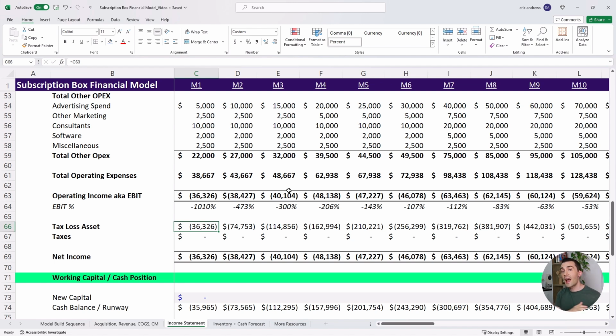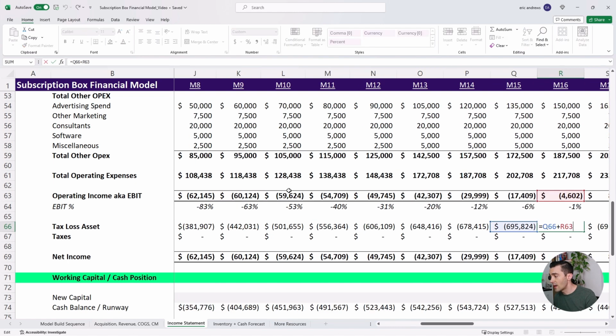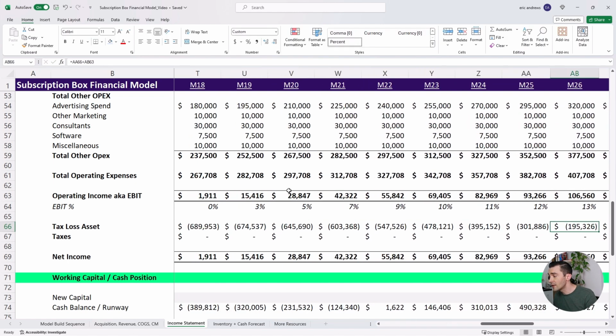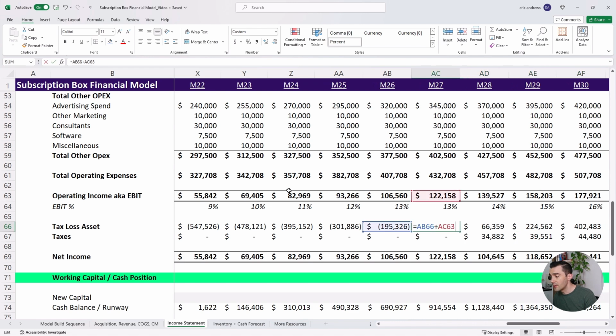And it's only after your profits equal your losses that you start paying taxes. And so I like to track how many losses we've accumulated, because that is an asset to me, because that's a tax offset. So what I do is I track all of the losses over time cumulatively, and it's not until your profits have paid back all the losses that you start paying taxes.